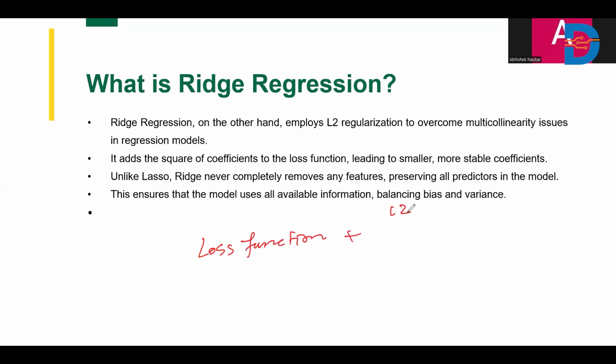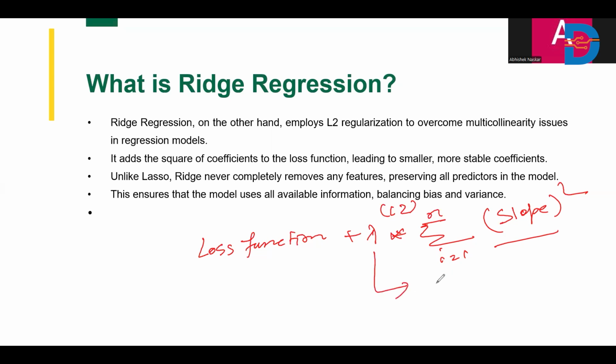The L2 regression adds lambda times the summation from i equal to 1 to n, and instead of the modulus we just take the slope squared. In the case of ridge we use that slope square, the coefficient of a feature, where lambda adds a particular penalty to the loss function.